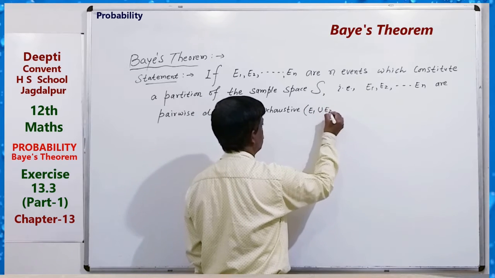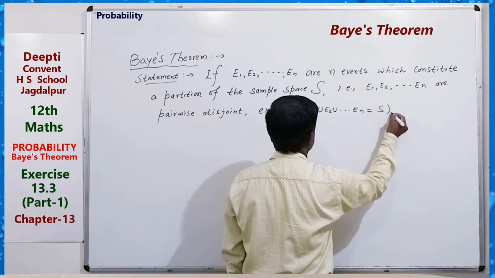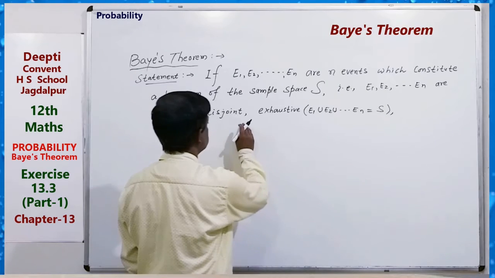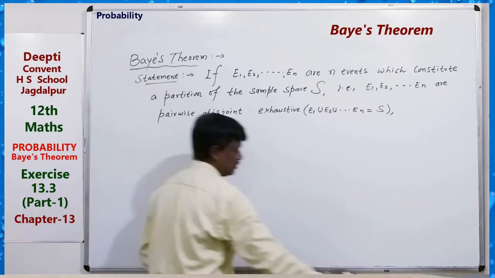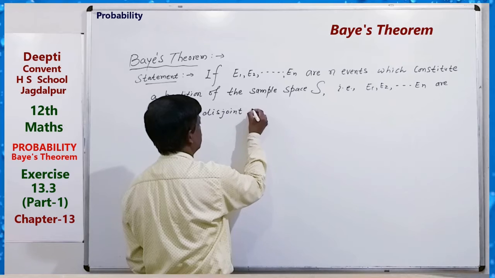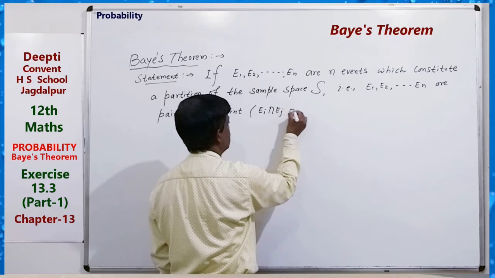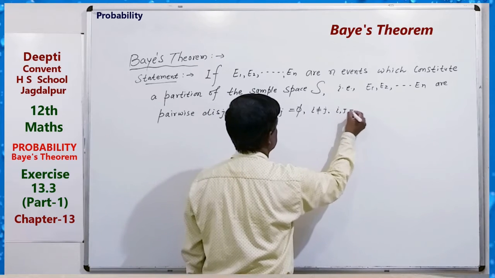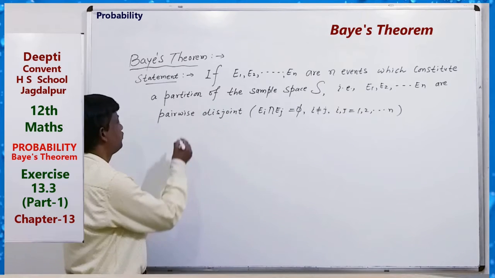E1 union E2 ... union En equals S. Pairwise disjoint means Ei intersection Ej equals phi, i is not equal to j, where i and j equal 1, 2 up to n.